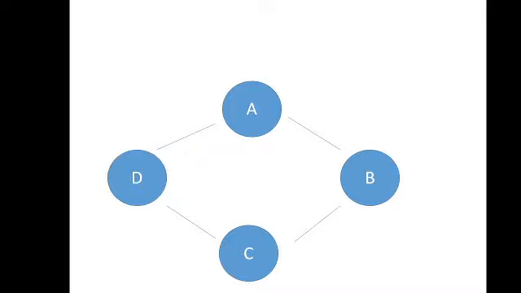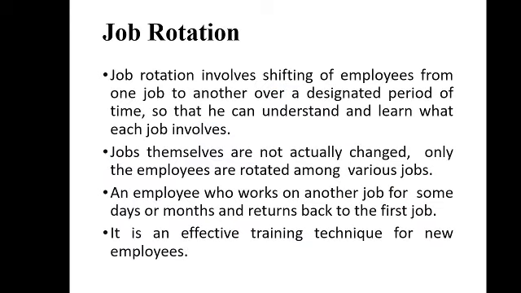This movement of employees from one job to another job is called job rotation. In very simple terminology, job rotation is nothing but movement or shifting of employees from one job to another job over a designated period of time.